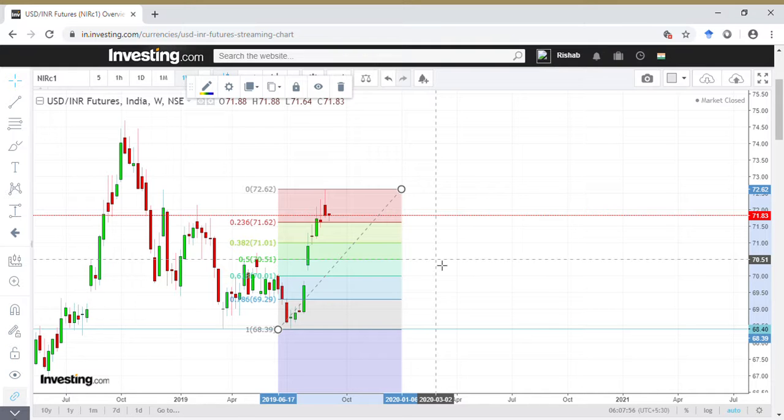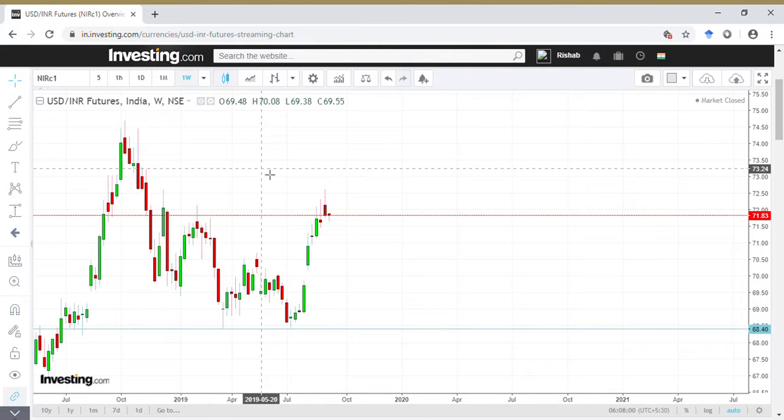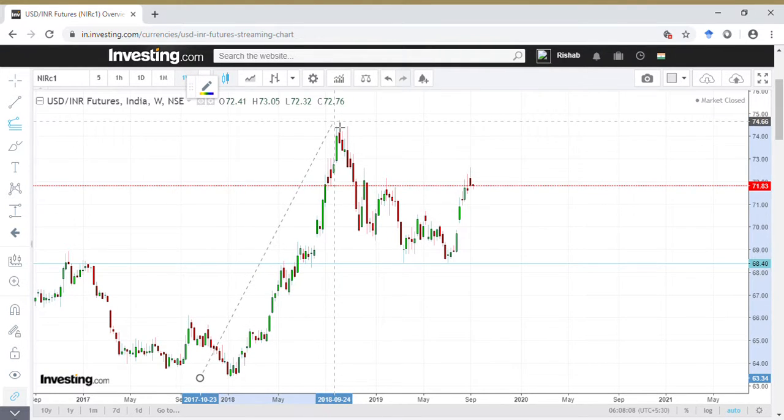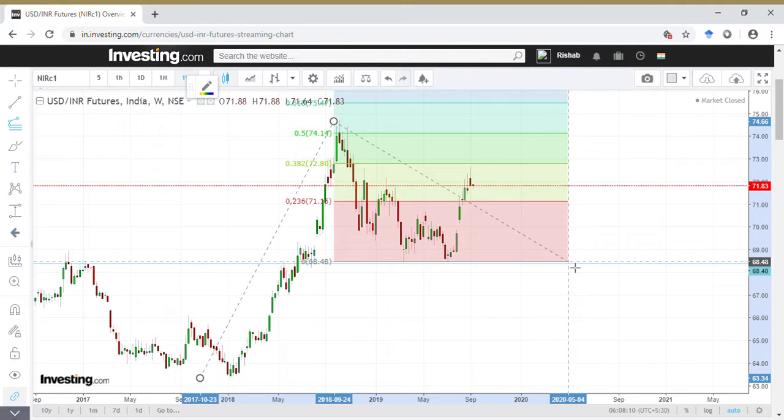70.51 is our entry point, and to determine our targets we use the Fibonacci extension. I'll draw the targets for you again: swing low to swing high, and then the extension.